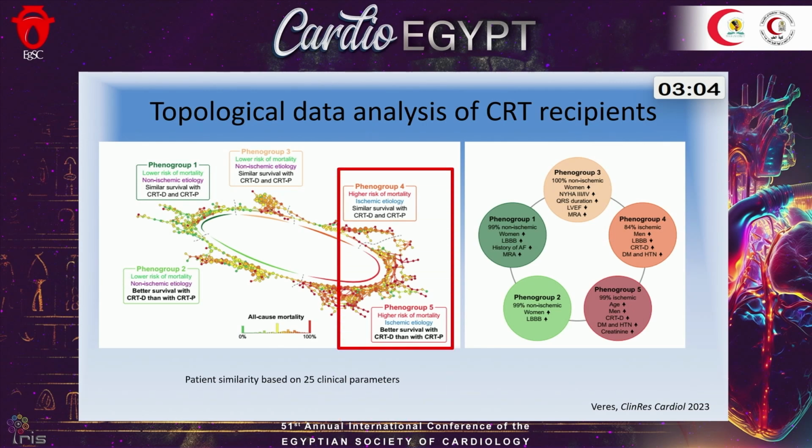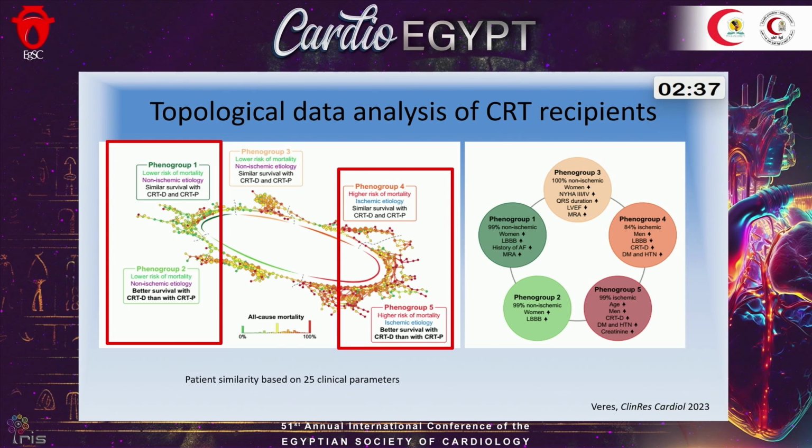The ones in these red brackets are the phenogroups with high risk of mortality. These are the ischemic etiology patients with high risk of mortality. On the left, the 2 green groups are the patients with lower risk of mortality, mostly with non-ischemic etiology.